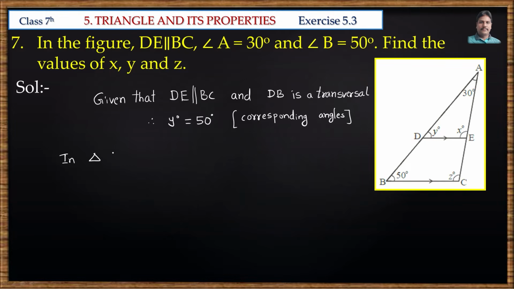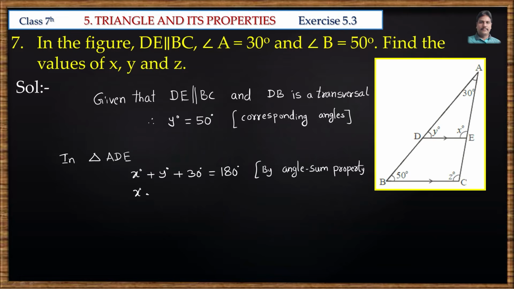In triangle ADE, x plus y plus 30 degrees is equal to 180 degrees by angle sum property. Therefore, we know the y value is 50 degrees.